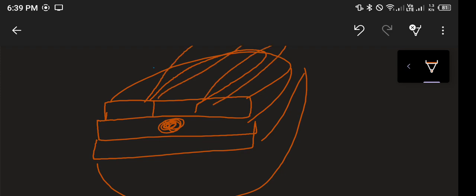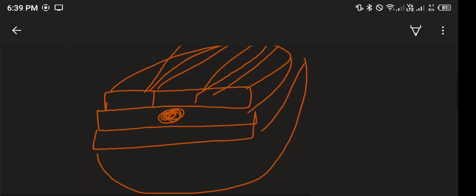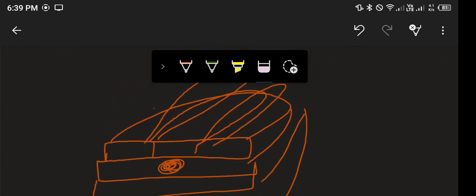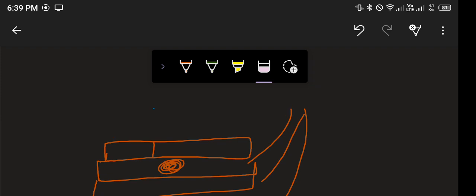Now let me make a clear diagram so that things could be clarified. If I remove it from here, this structure starts looking like this. There are neural folds in the center which are indenting.